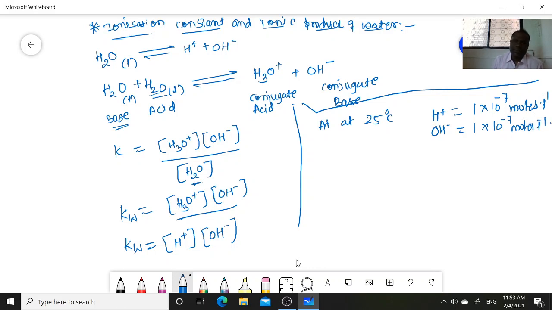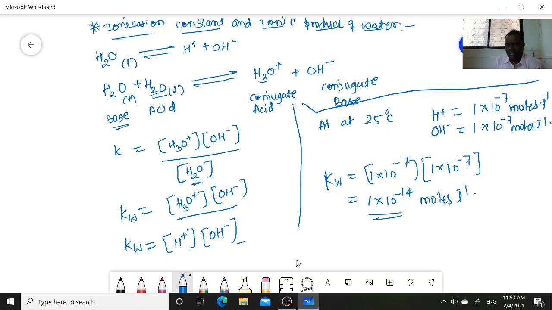If I put the values of the concentrations of H plus and OH minus, Kw, the dissociation constant for the water, will be equal to 1 into 10 raised to minus 7 moles per liter times 1 into 10 raised to minus 7 moles per liter, which comes out to be 1 into 10 raised to minus 14.